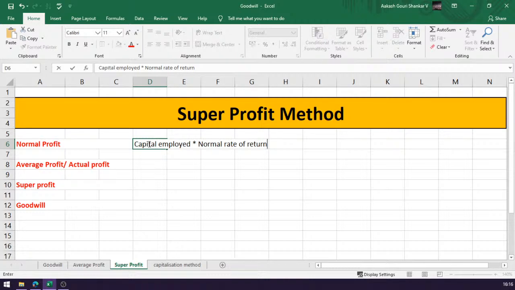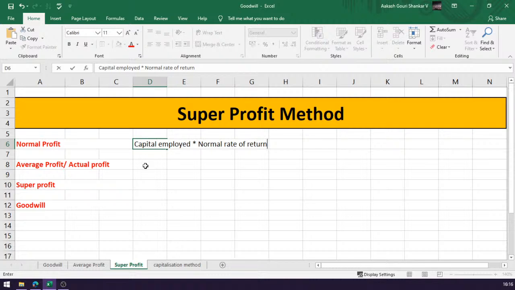The capital employed is nothing but how much capital we are employing into the business. What is the amount of capital we are contributing into the business? And the normal rate of return is, as I said, the return which we will be earning if this business is carried out in a general view, and this is not the actual profit that we are earning.